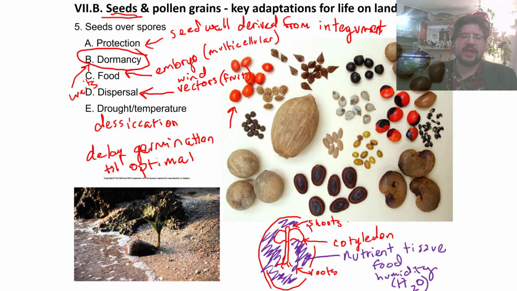And what do you know? We've got some fertilizer ready to go. So we've got that humid, nutrient-rich poop and our seeds. It's great, right? We even have mechanical distribution. For instance, those burrs that attach to you when you go for a hike. Those are just so much fun.